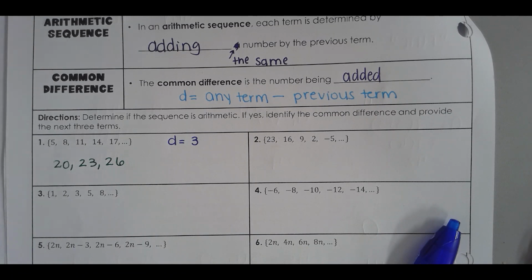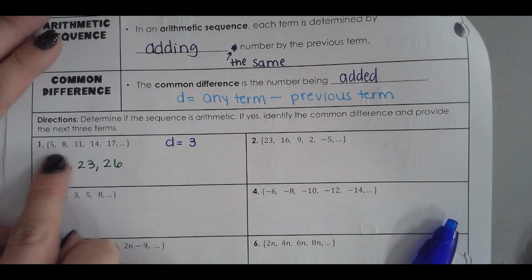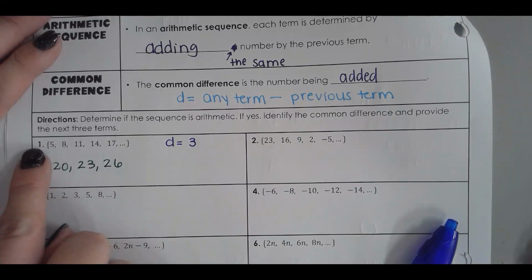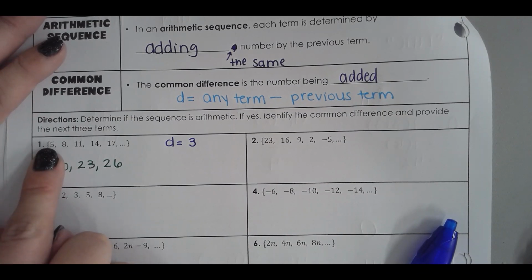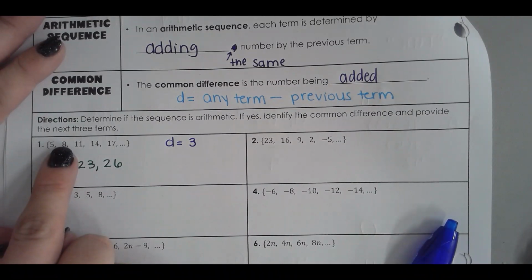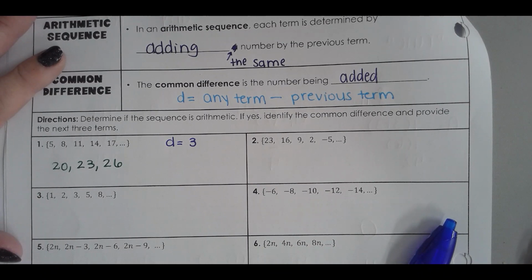The zero term is the number that would come before the first term. So if 5 is my first term and I'm adding 3, what number would go before 5? 2, because 2 plus 3 is 5, plus 3 is 8. So the zero term would be A0. That would be 2. Very good.